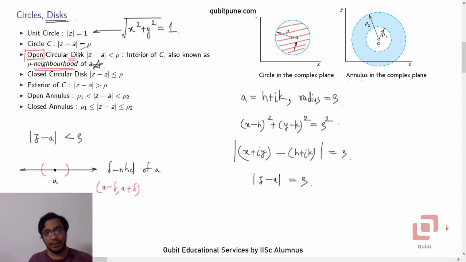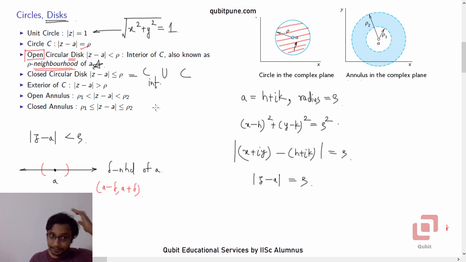And from the definition of open circular disk, the definition of closed circular disk follows. Okay, so it is mod of z minus a is less than or equal to rho. In fact, it is the union of the circle itself and the interior of the circle.